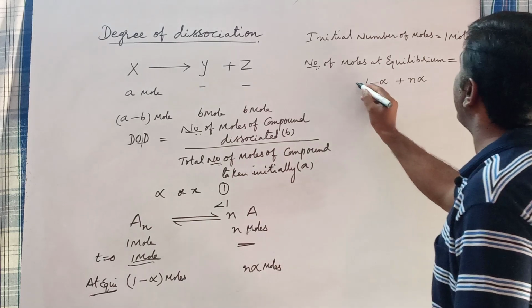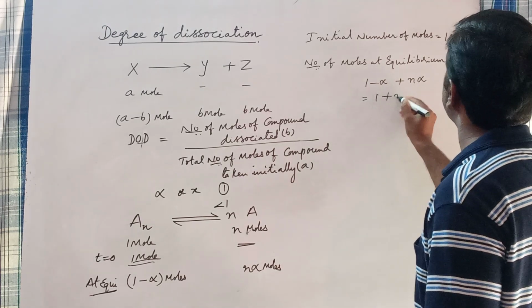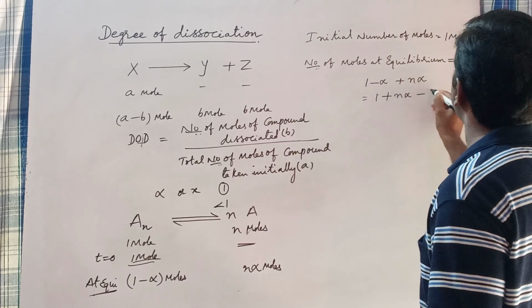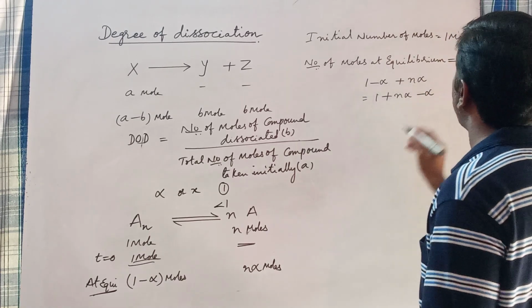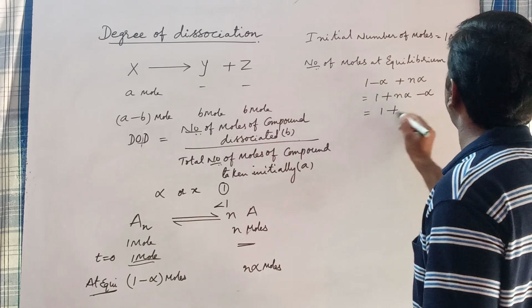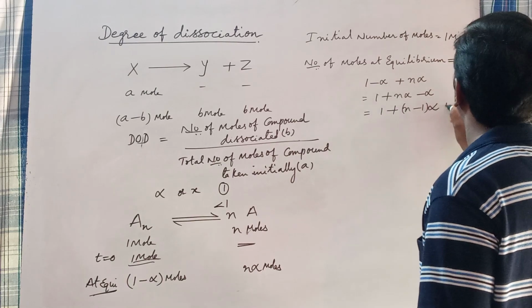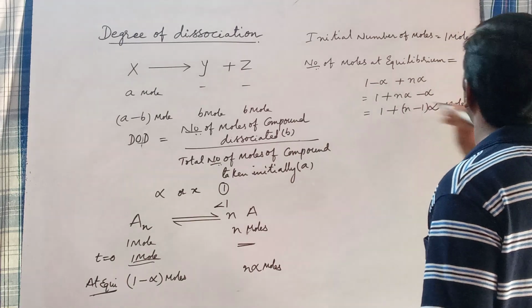You can rearrange this as 1 plus N alpha minus alpha. Now, taking alpha as common, that equals 1 plus (N minus 1) alpha. These are the number of moles at equilibrium state.